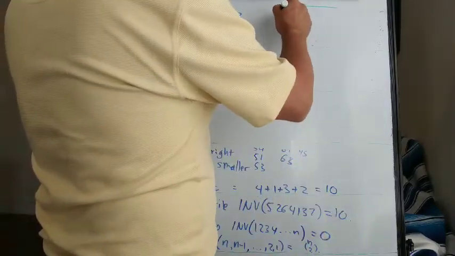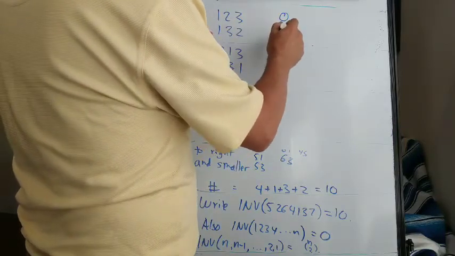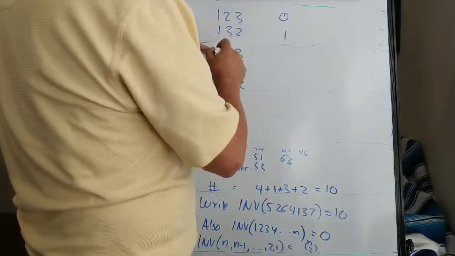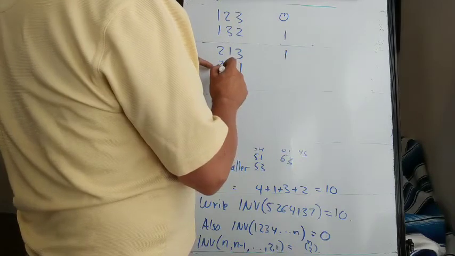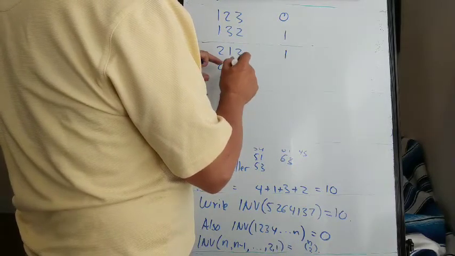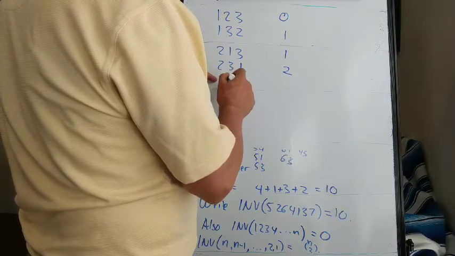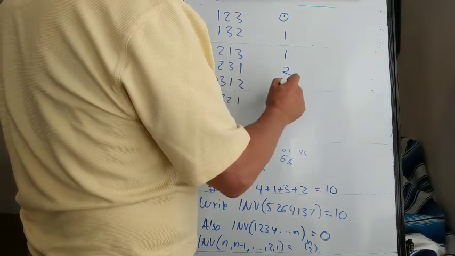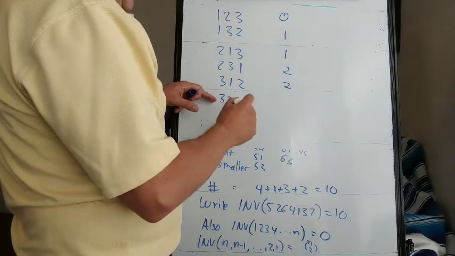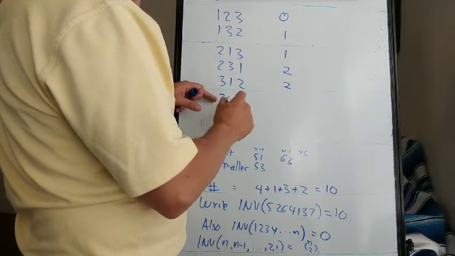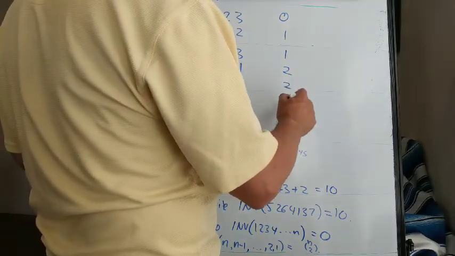So this has 0 inversions, this has 3 greater than 2, this has 2 greater than 1. Here we've got 2 greater than 1 and 3 greater than 1, so there's 2 inversions. 3 greater than 1 and 3 greater than 2, that's 2 inversions. And here we've got all possible inversions. 3 is greater than 2 and 1, and then 2 is greater than 1, so there's 3 inversions.